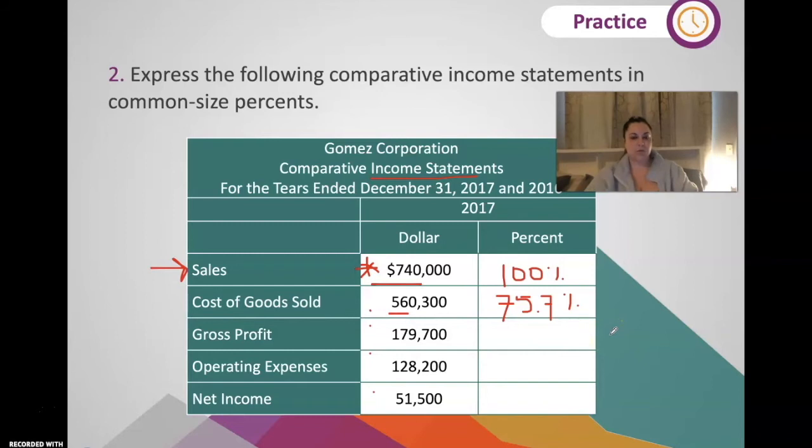Okay, gross profit, we're going to do 179,700 divided by the base of 740 times 100 to turn into a percent, or just move the decimal place over. Get 24, and I'll round 24.3%.